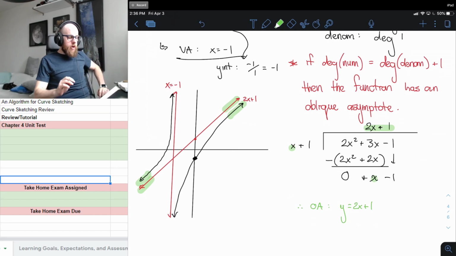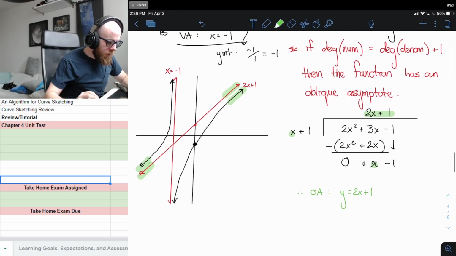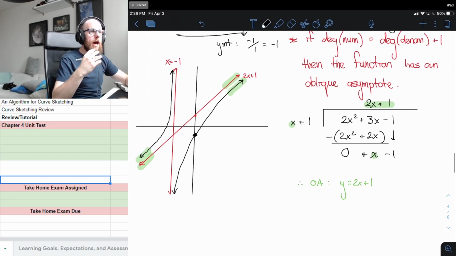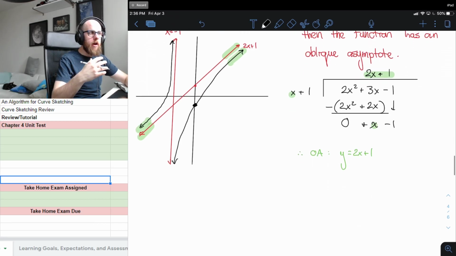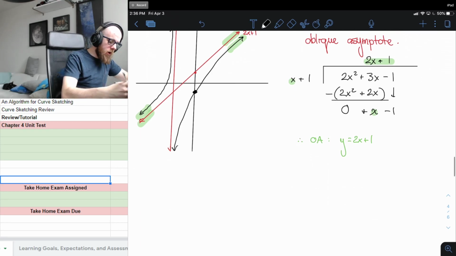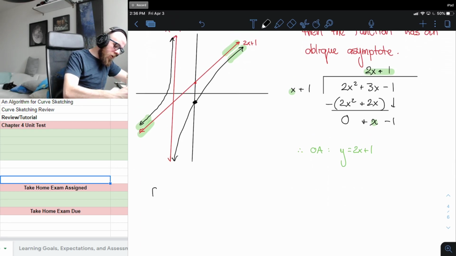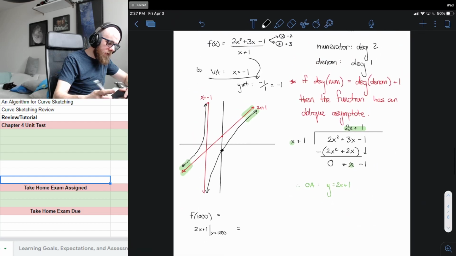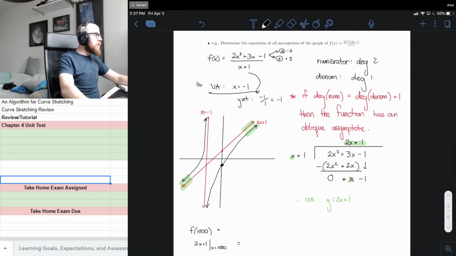What you can also do is compare the value of the function and the value of the oblique asymptote at very large x values and very large negative x values. So I want to know what my function is doing at 1,000, and I also want to know what 2x plus 1 is doing when x is equal to 1,000. Okay, so you can plug both of these in. The value of the function, I'll do that really quickly here.